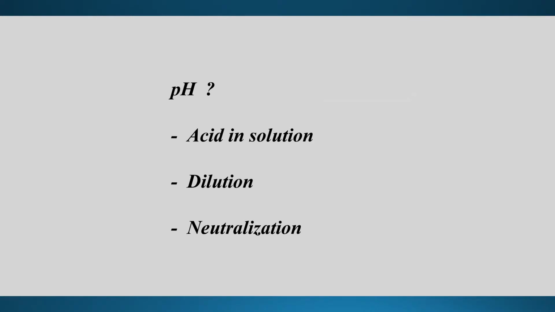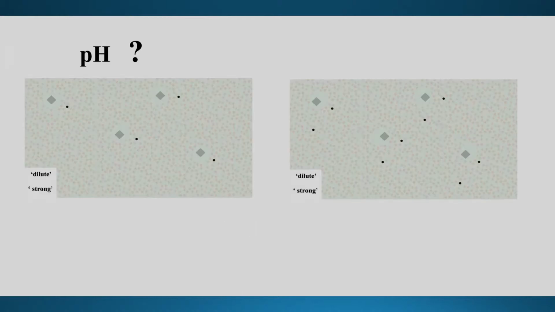Now we learn the pH. We're going to see this acid in solution, how I'm going to dilute it and neutralize it. Now let's look at a picture. If I compare these two pictures, they both are dilute acid and they both are a strong acid as they are fully ionized.